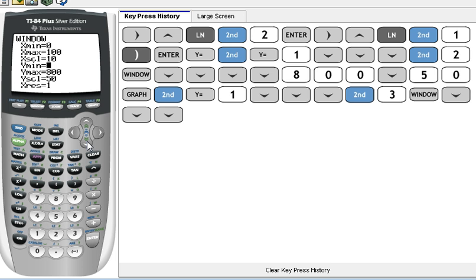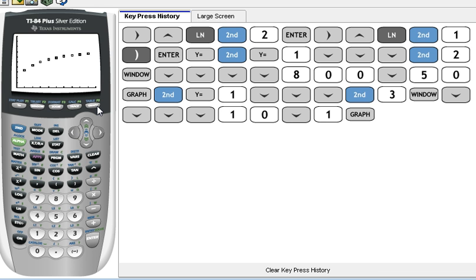So now the y-min should go from 0 to 10 in steps of 1, scale 1. We draw the graph and see that it's not at all linear. So at this point we reject the idea that the original data fits an exponential function, and we will move on to see if it fits a power function.